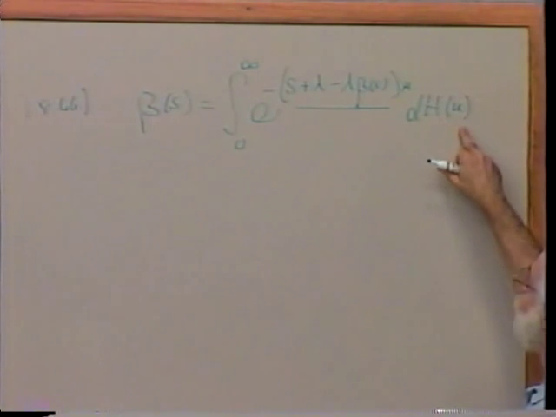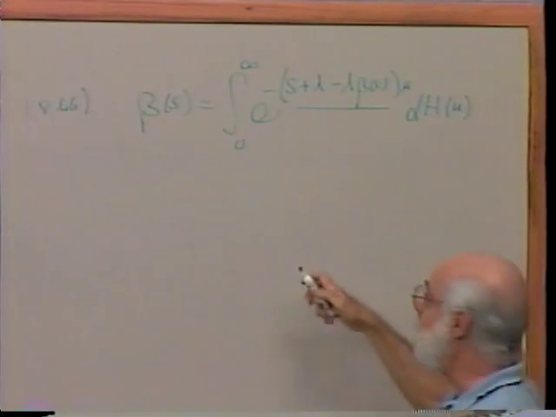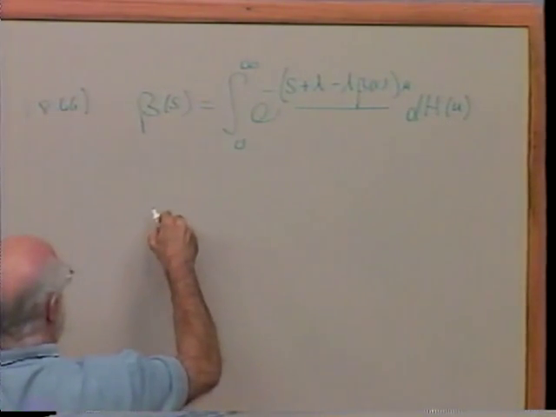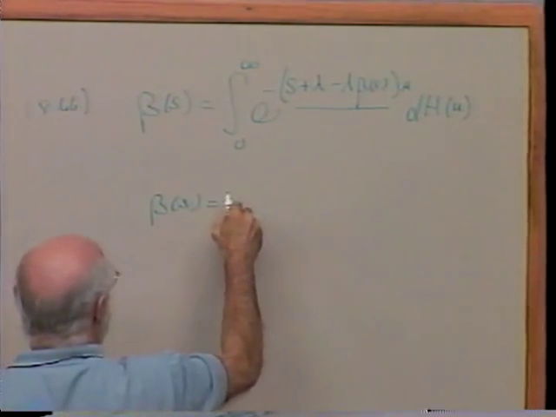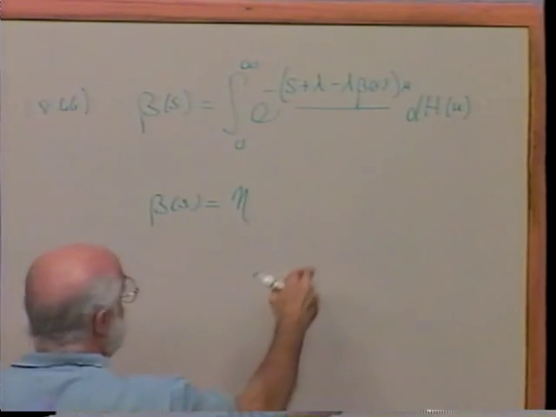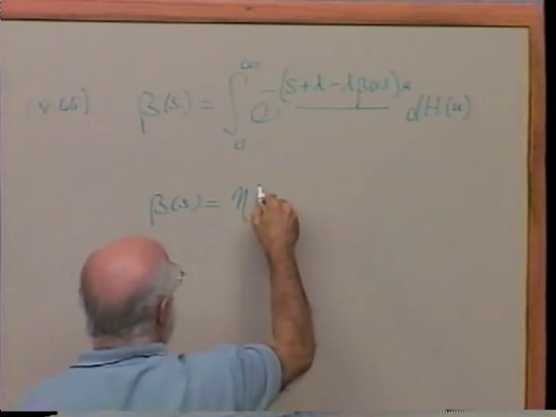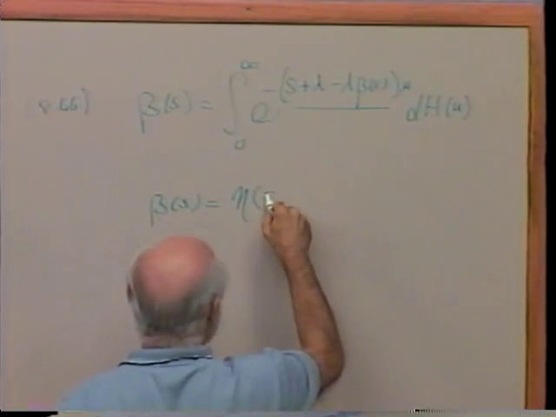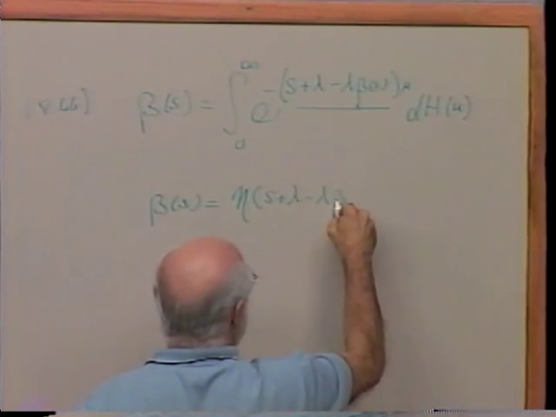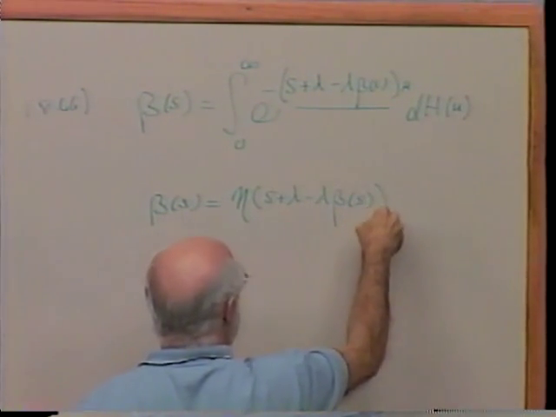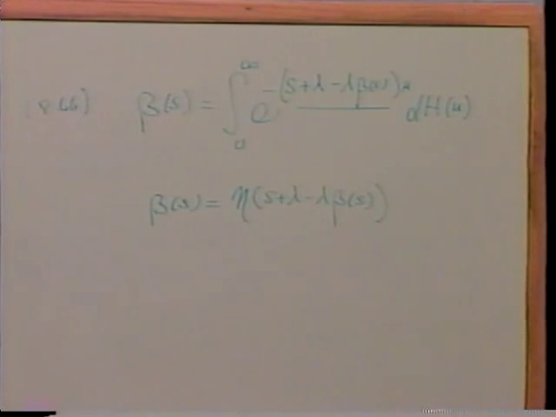So if we call the transform of H eta, as we have been, then that gives us this result. Beta of s is equal to eta, the transform of H, evaluated at s plus lambda minus lambda beta of s. Okay, that's a very important result, and that's equation 867.